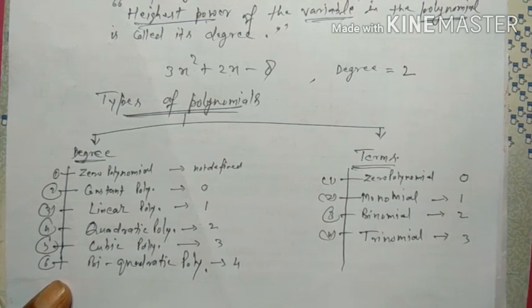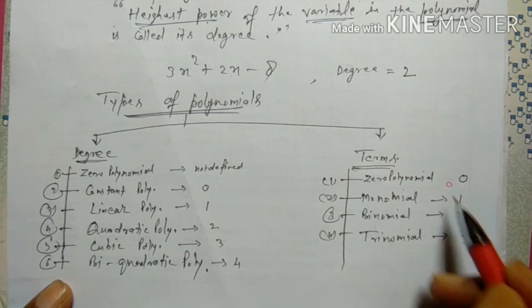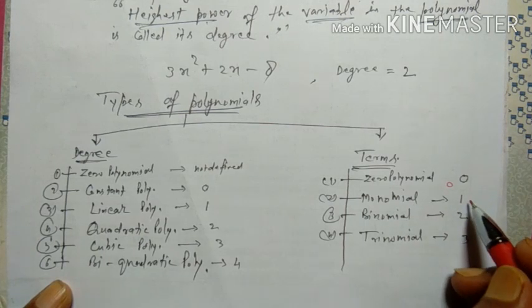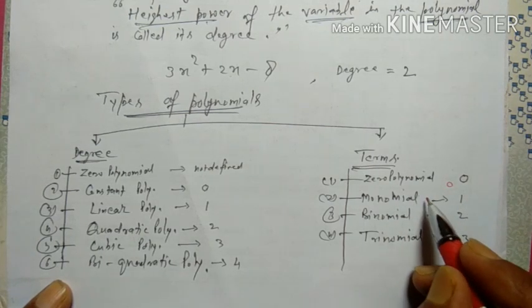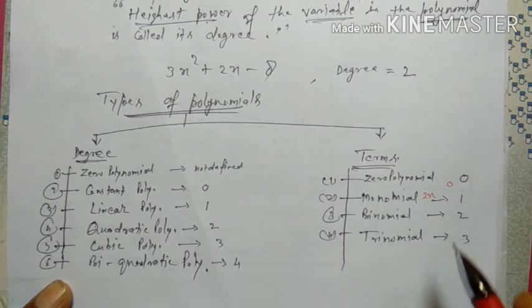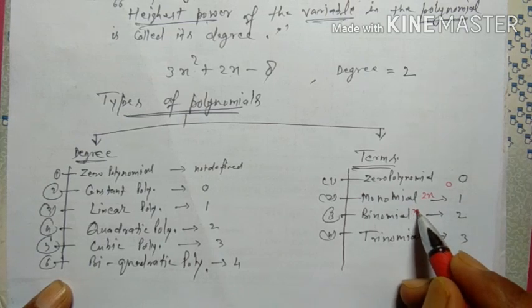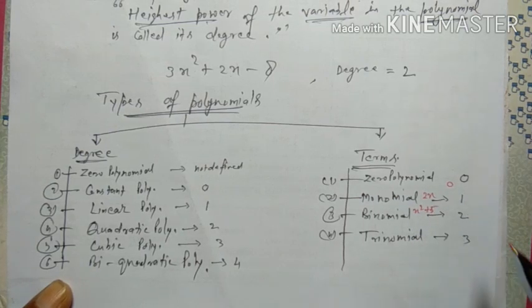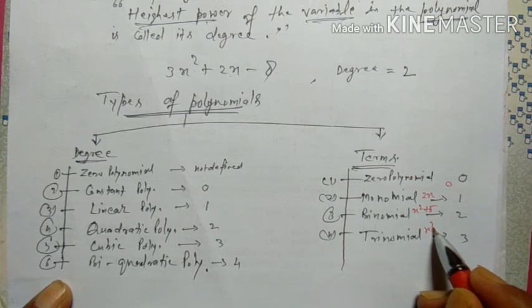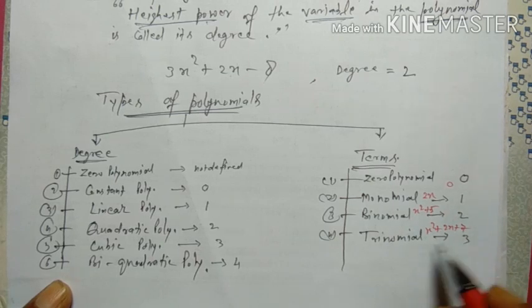For example, this is simply 0. An example of monomial is 2x. Example of binomial is x squared plus 5. Trinomial, x squared plus 2x plus 7, and so on.